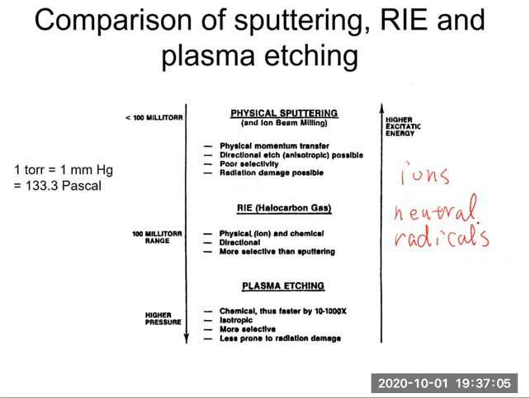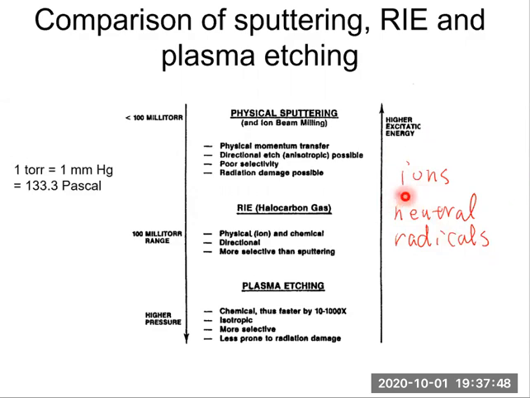So let me summarize their roles in these three dry etching methods, briefly. First, in physical sputtering, the etching is done by ions, positively charged ions. Neutral radicals do not participate in the sputter etching.